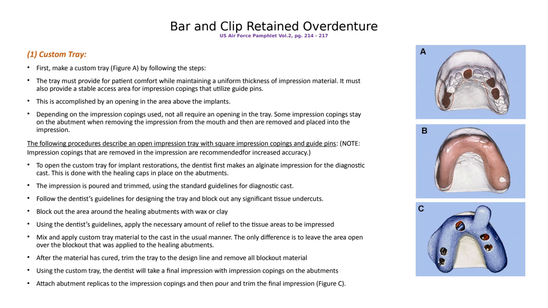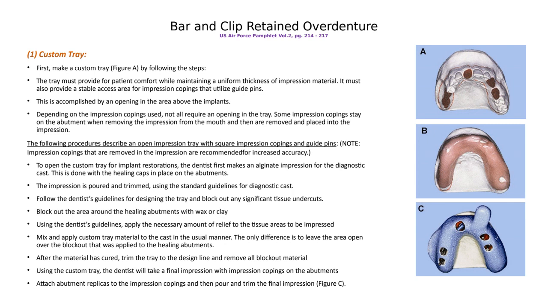Usually, to create a little space for the impression material, a thin layer of base plate wax is covering the ridge of the cast, and then the tray is fabricated, and also based on the preferences of the dentist or the oral surgeon, we can place holes on the custom tray where the implants are placed or might be placed.